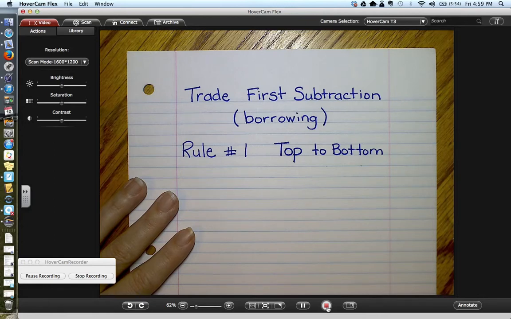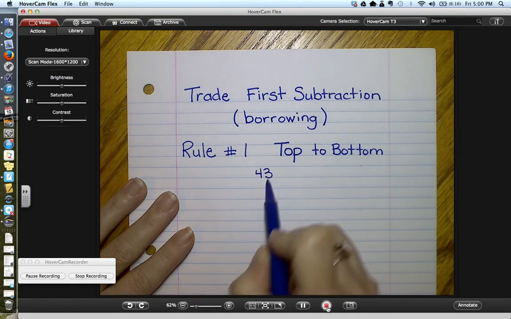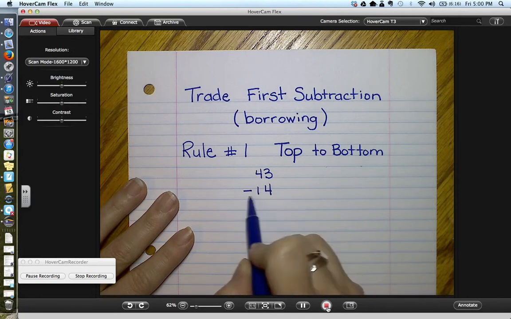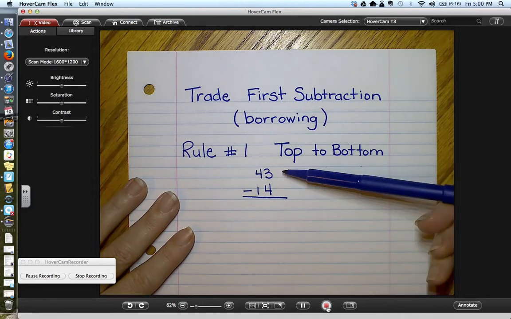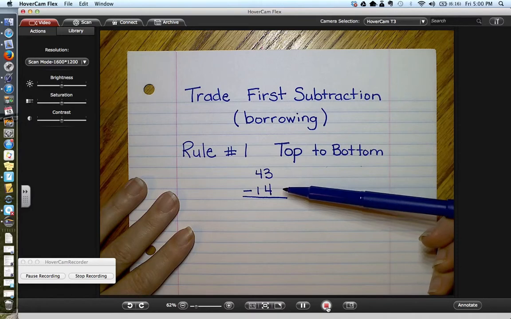And here's what that means. I want you to write this with me. We're going to draw a sample problem. 43 minus 14. I want you to write that down. Now you heard me say 43 minus 14. I read this problem top to bottom. I know that this does not say 14 minus 43.